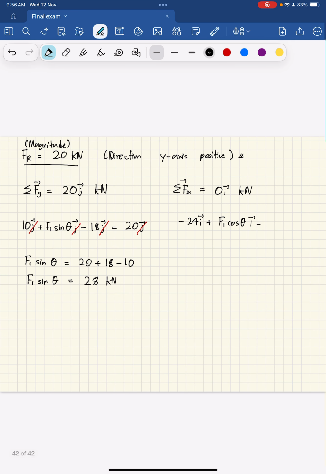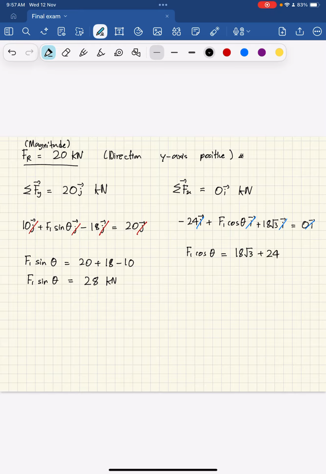Okay, plus 18 square root 3 i equals 0i. And again, you can take out the i, because it's just a vector. And then you're left with f1 cos theta equal to 18 root 3 plus 24.